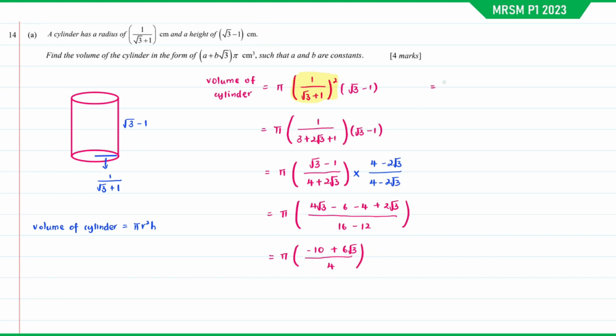So this is equal to (negative 10 over 4 plus 6 square root 3 over 4) times pi. Simplify this, you're going to get (negative 5 over 2 plus 3 over 2 square root 3) pi. Then we have written the volume of the cylinder in the form of a plus b square root 3, pi.